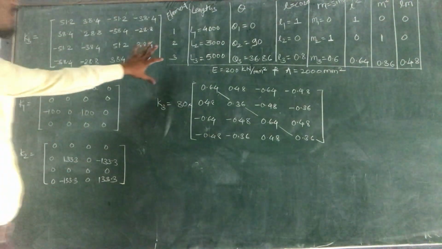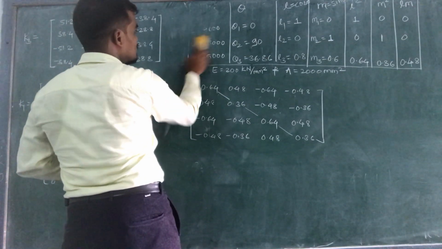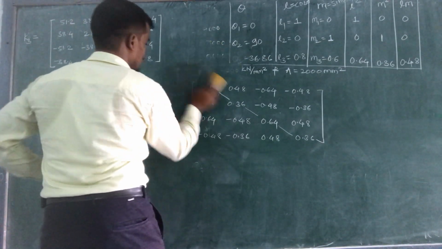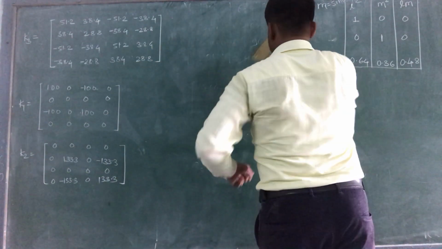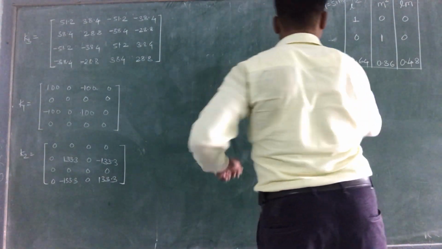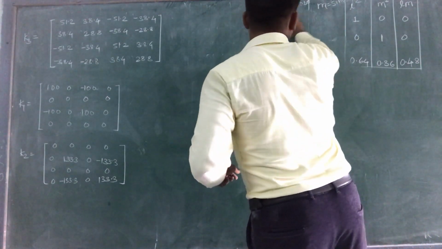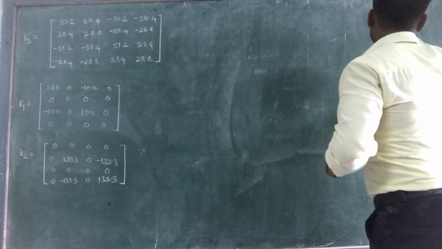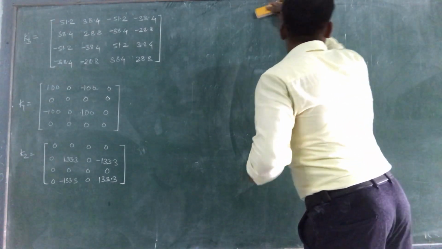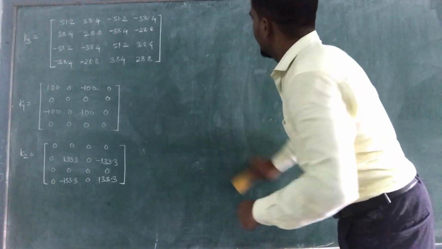Okay, so now the use of this table is over. So we can use this space to construct our global stiffness matrix. This table we have constructed to determine the elementary stiffness matrices only. Now we will use this space for the global stiffness matrix.